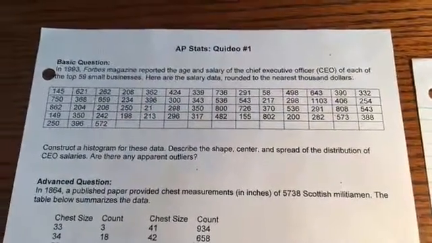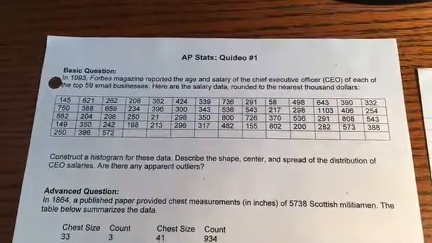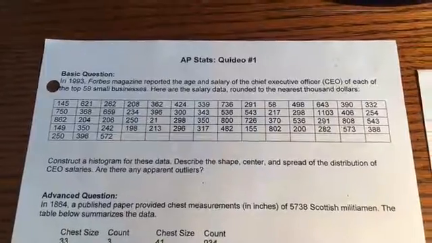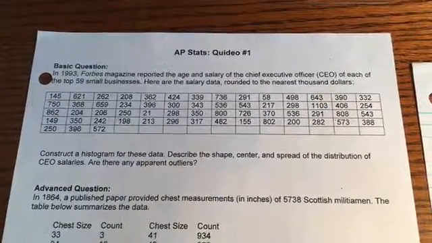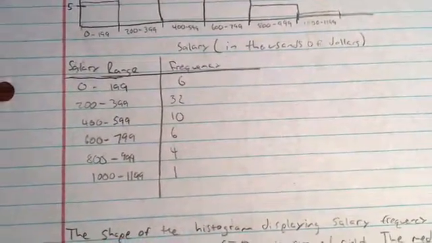Using the guideline that you want between 5 and 7 bars on your histogram, I split the data into equal intervals of 200, and I made this chart right here.